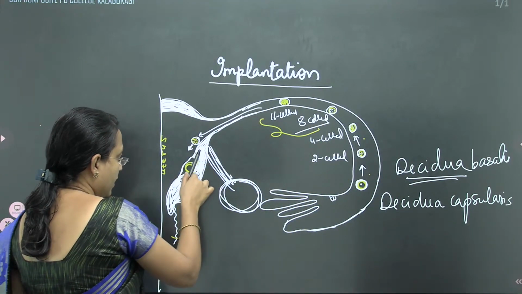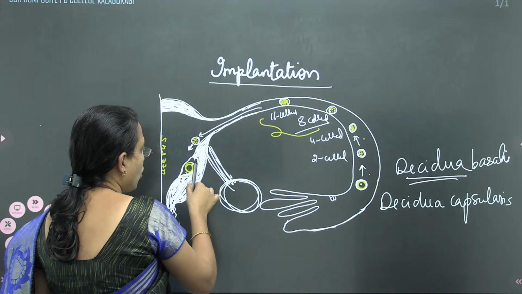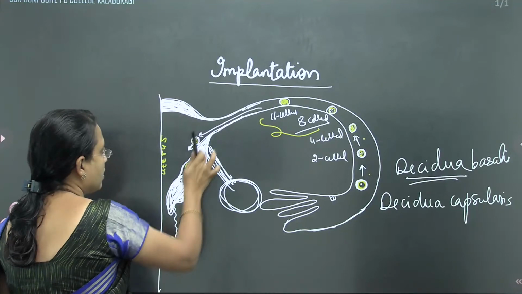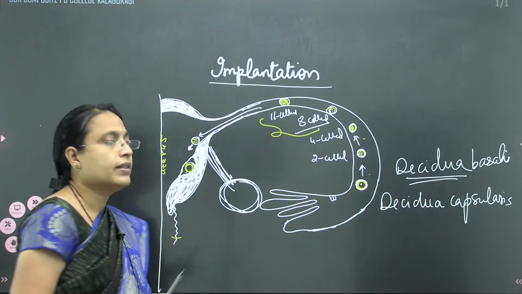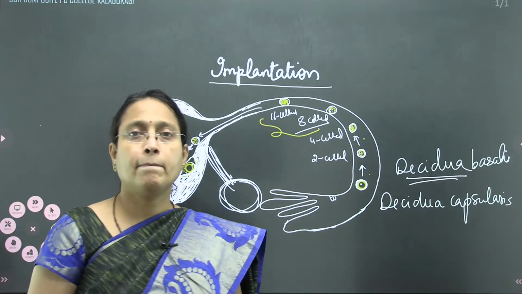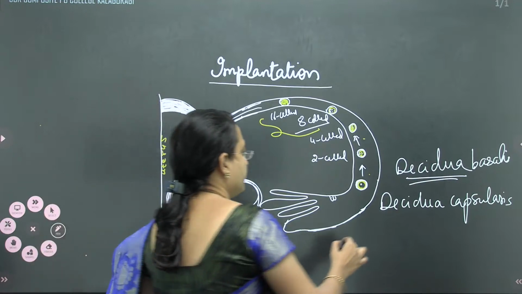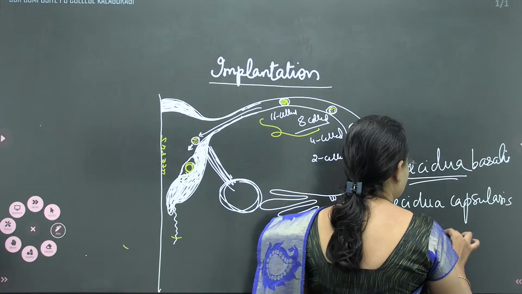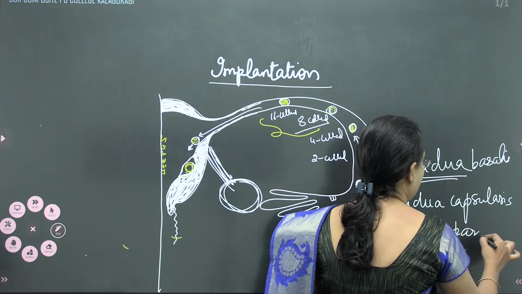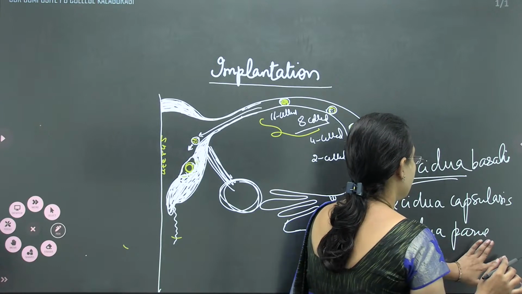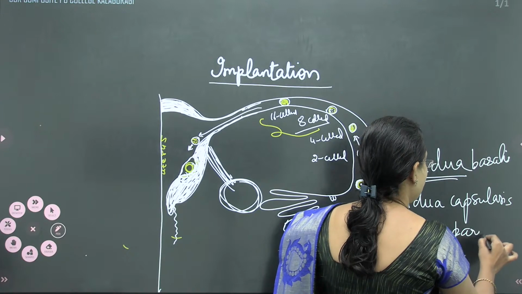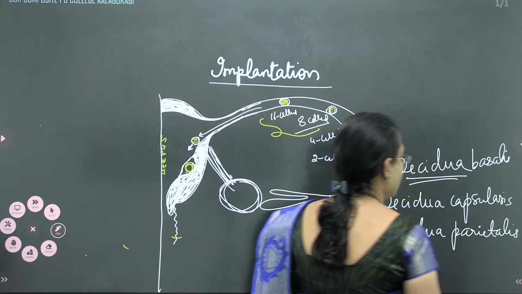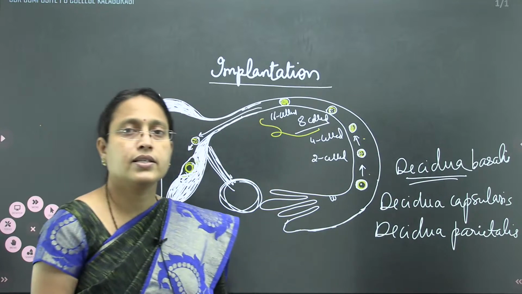Then the endometrium which is neither at the base nor covers the blastocyst, that is here, here, and the rest of the part, is called decidua parietalis.